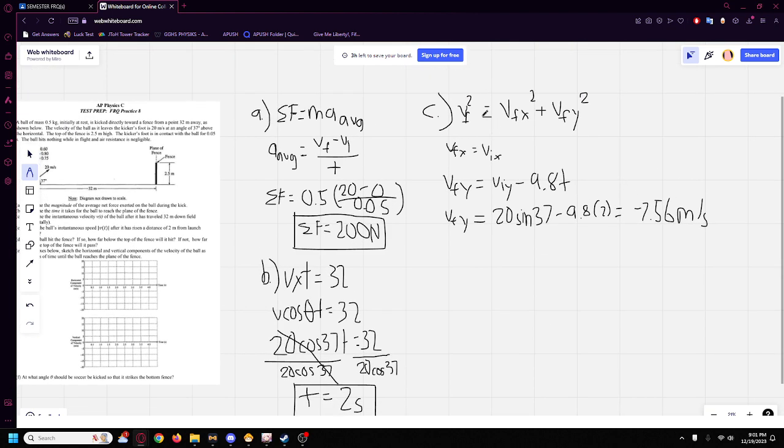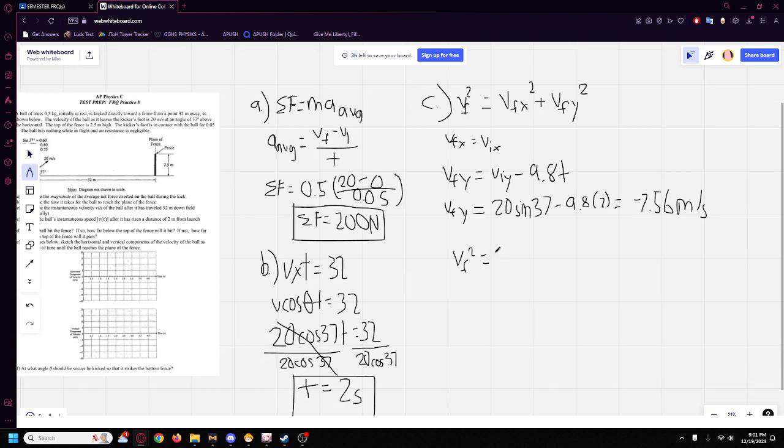So you go back into this, Vf squared is equal to V cosine theta squared plus vfy squared.